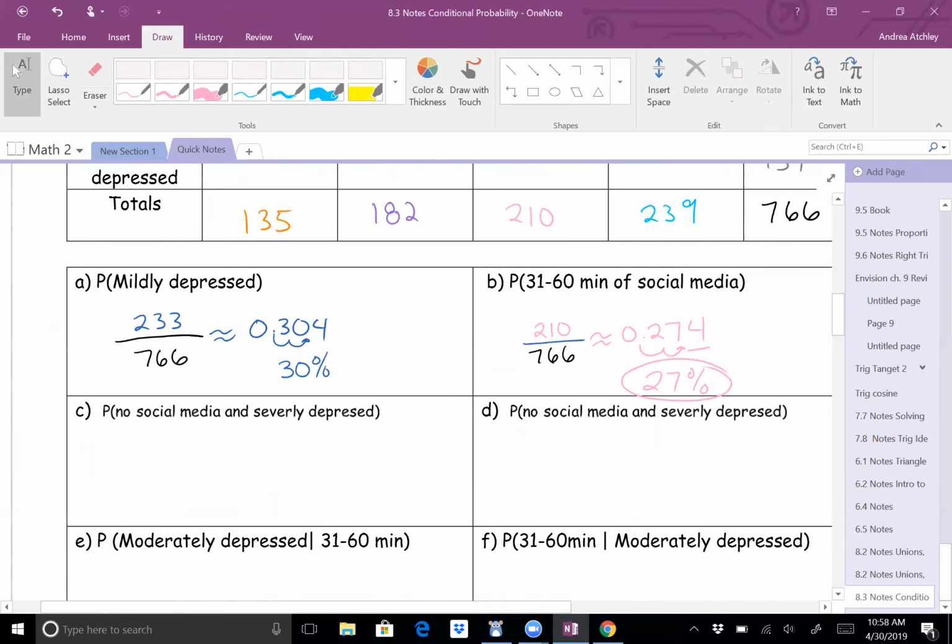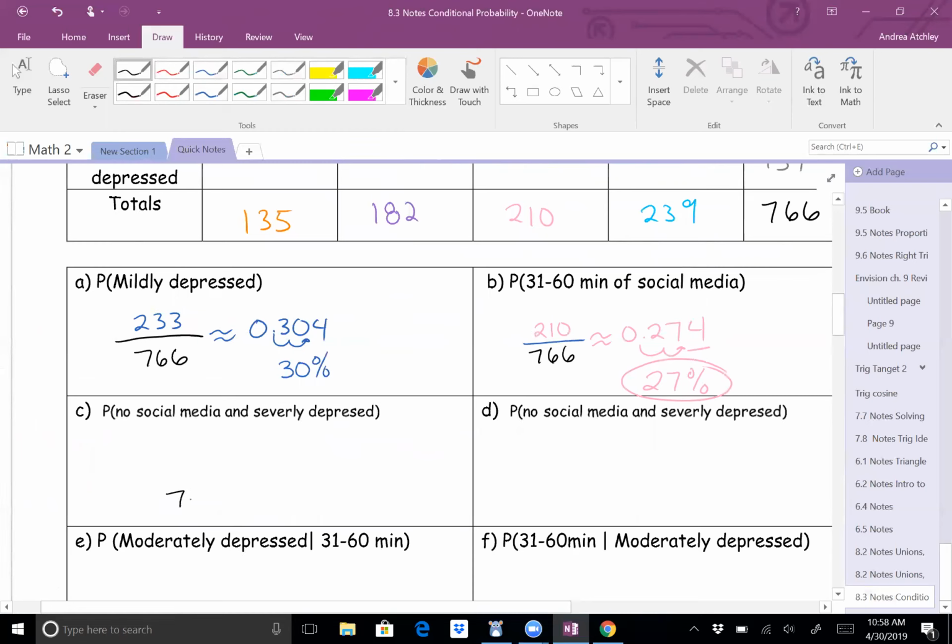Me choosing somebody that meets one criteria. Now I want two things to occur. I'm still choosing somebody out of everybody in my group. Probability of no social media and severely depressed.